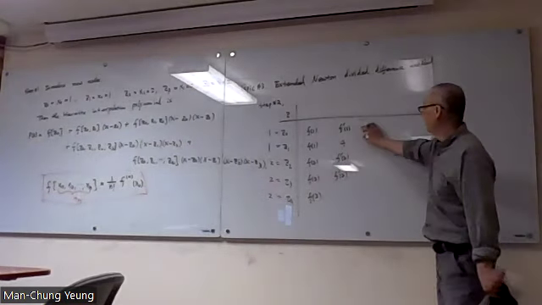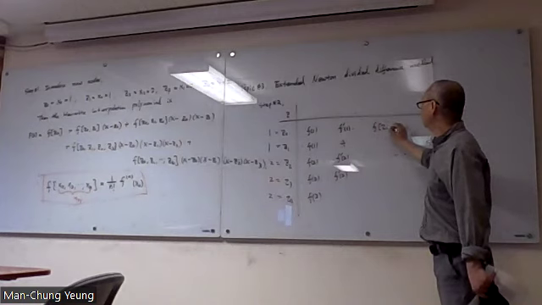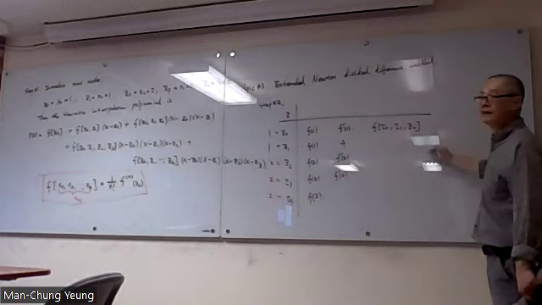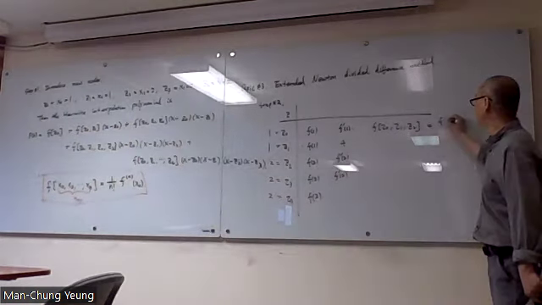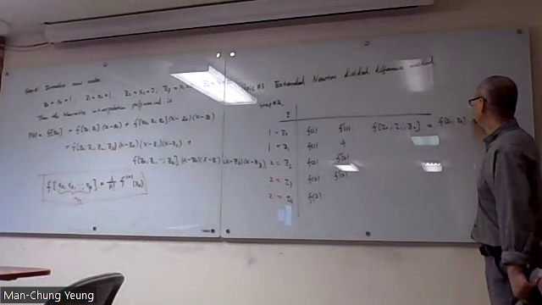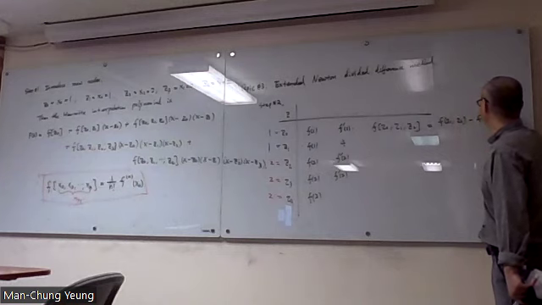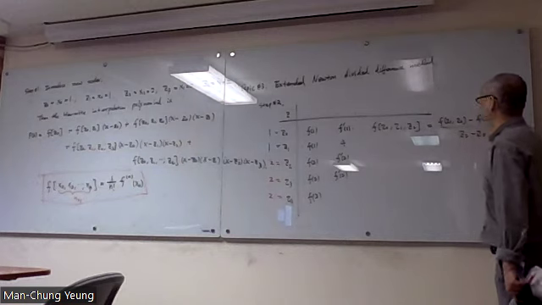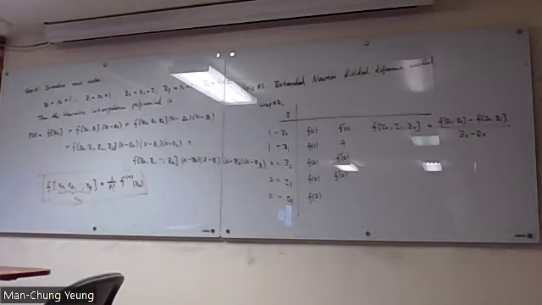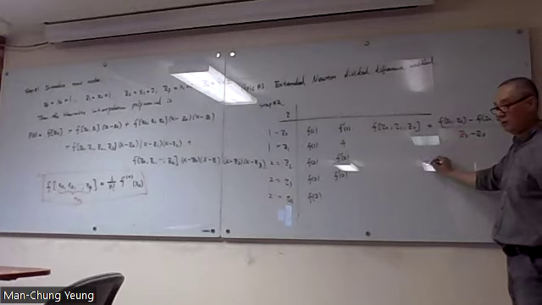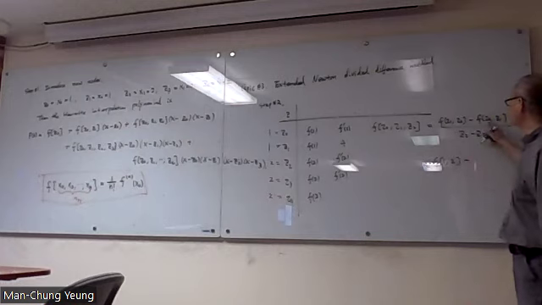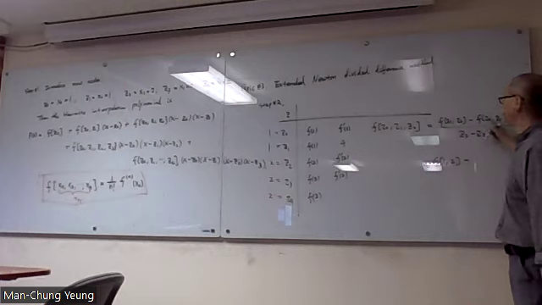Now here, this is F[C0, C1, C2]. By the formula, this is F[C1, C2] minus F[C0, C1], then over C2 minus C0. C1, C2 is 1, 2, different, but C0, C1 is 1, 1.